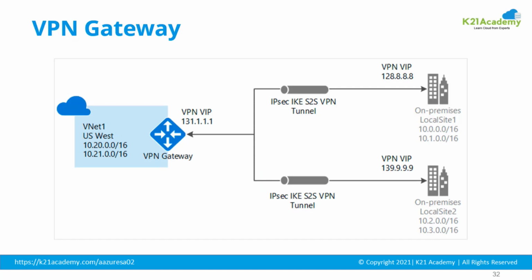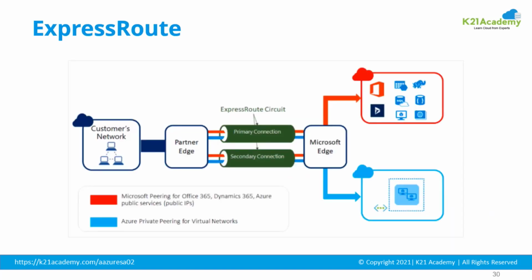But in VPN Gateway, the data travels securely between client and server over the internet, so you can't guarantee the bandwidth you get because you're dependent on the wide area network or the internet. Whereas with ExpressRoute, there is a dedicated line, and you always know that you're going to get at least the network bandwidth that you agreed upon.